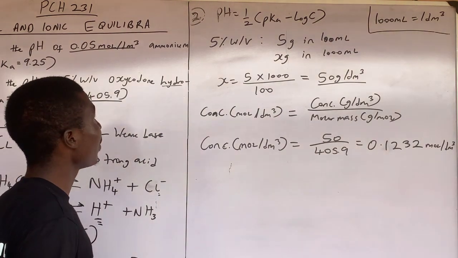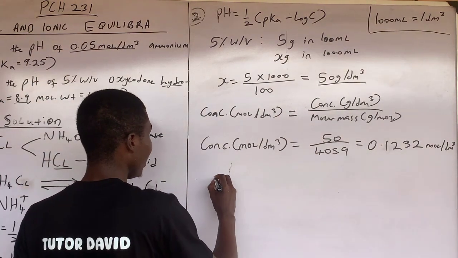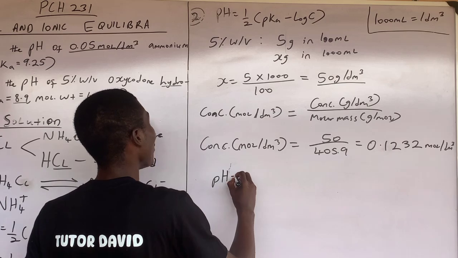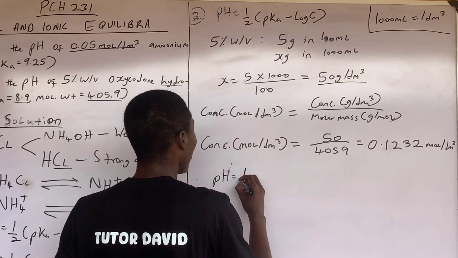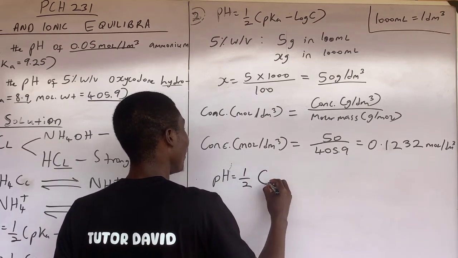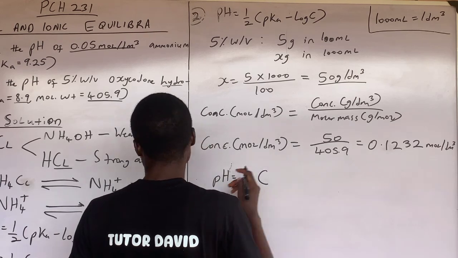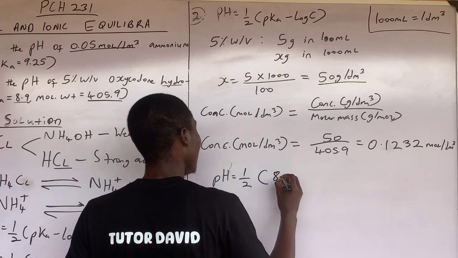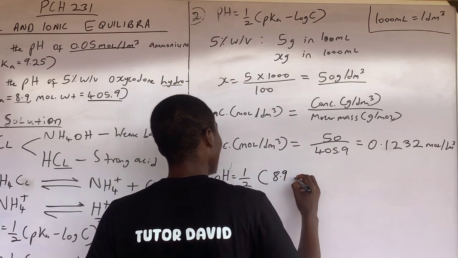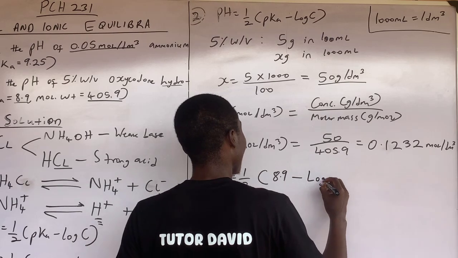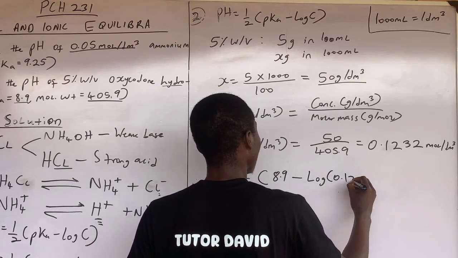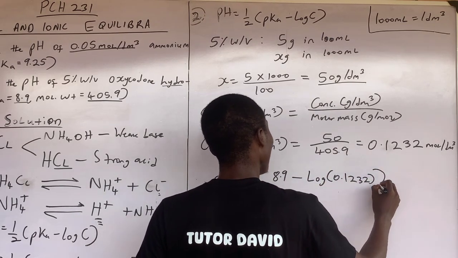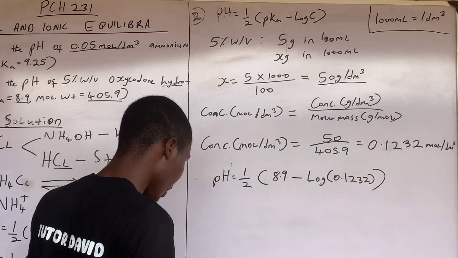So can we now calculate our pH? Yes, we can. Remember the p is a small letter p. So we have pH equal to 1/2 bracket, our pKa is 8.9, minus log of our C, which is 0.1232. Then we do our calculation.